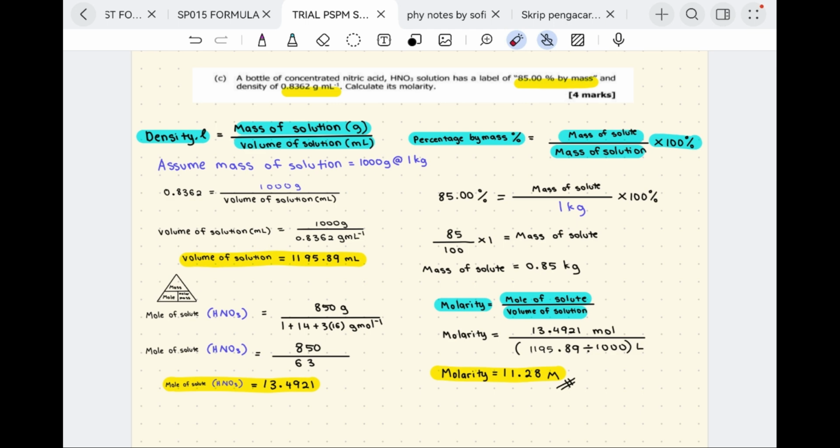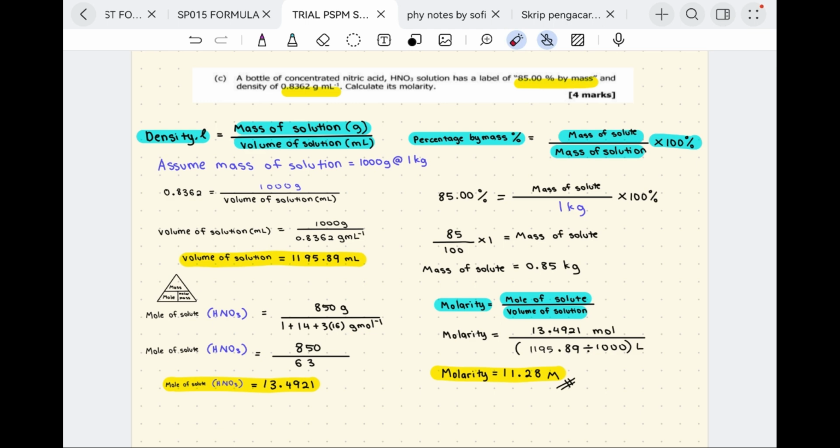For density, we need to know the mass of solution and the volume of solution. And for percentage by mass, in the formula, we need to know the mass of solute and the mass of solution. But now we don't know the mass of solution.